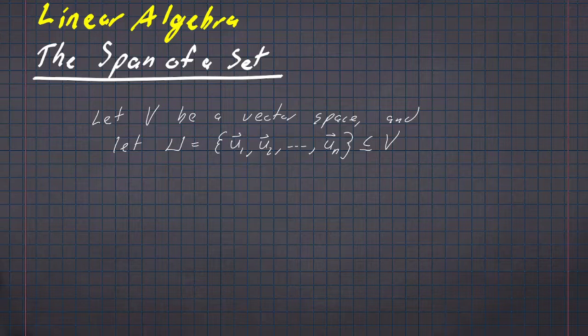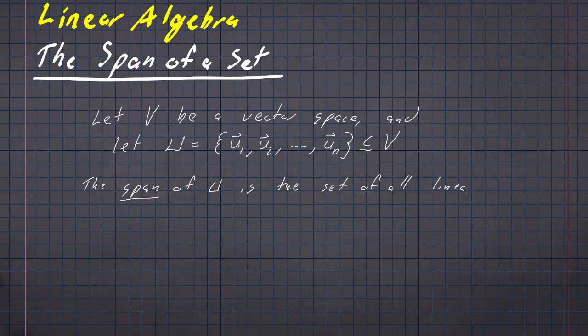So we're going to deal with finite numbers of vectors in set U. The span of U is the set of all linear combinations of vectors from U.